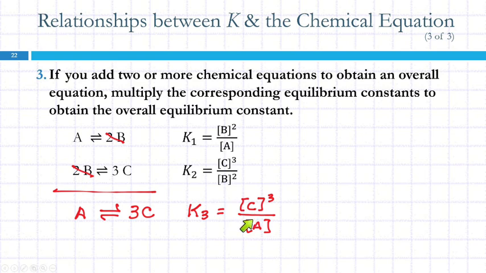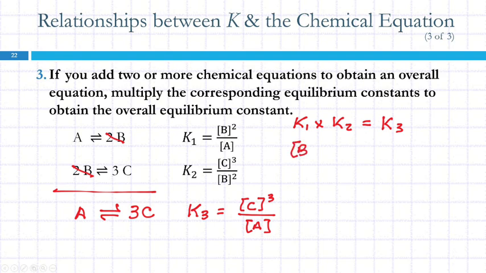So I'm looking at this equation and writing out what this is. Now, what this statement is telling us is that K3 is equal to K1 times K2. Well, let's see if that's true.